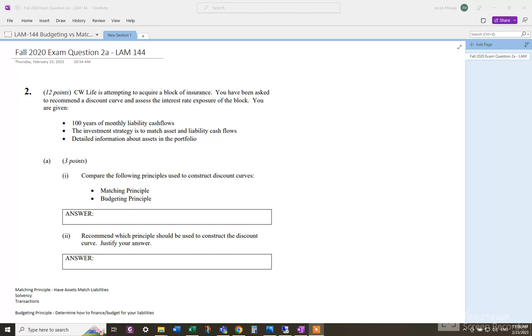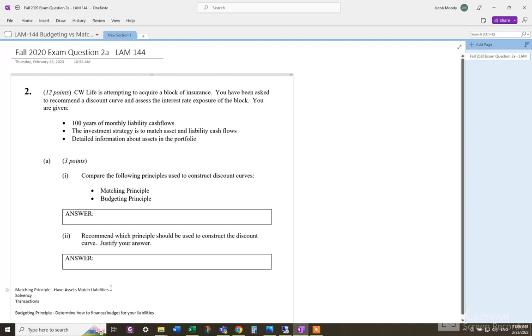But the matching principle, the way I view it, is if I look at this, have my assets match my liabilities. And so you want to match the cash flows of your assets with the cash flows of your liabilities. What's nice about this is it's based on what your asset portfolio is, so your 5-year zero coupon bond or your 10-year, no matter what class they are.